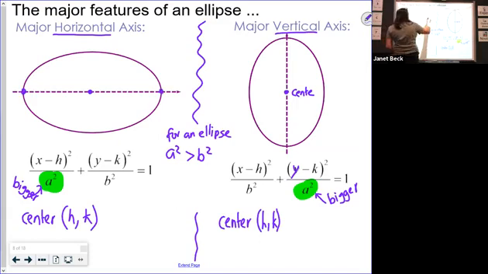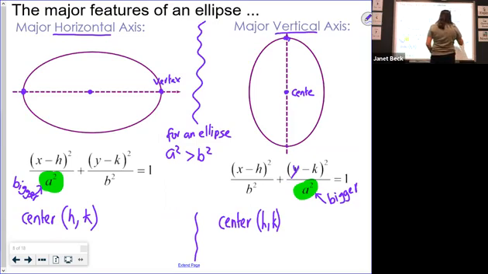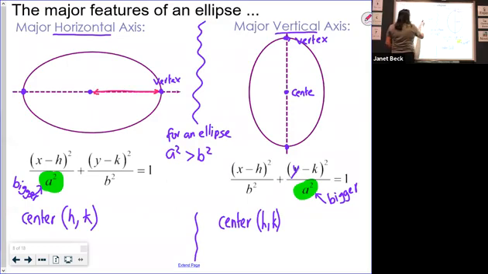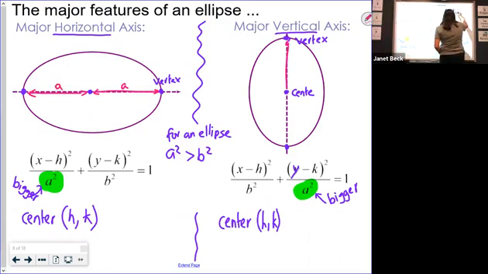Vertex here and here on a horizontal one, up and down for a vertical one. Now, how to get to those, the distance you're going to go from the center, we call it A. And how do you work out what A is? If you're going left and right, you look at what's underneath X and you get the square root of the number that you were given in the denominator.